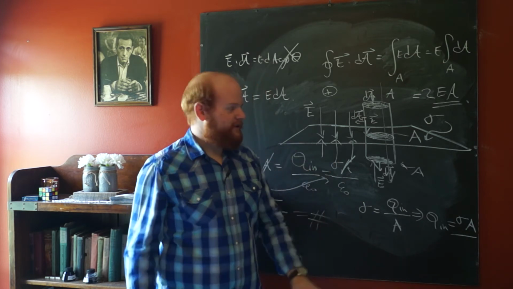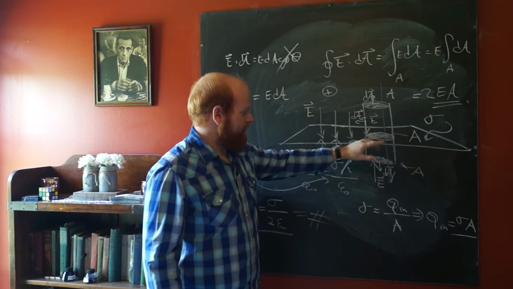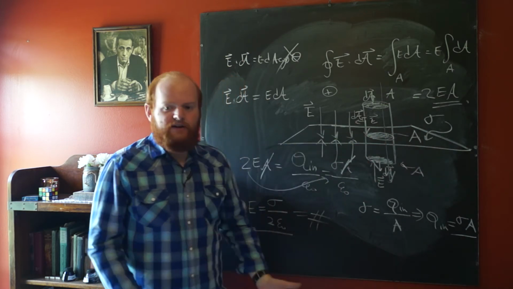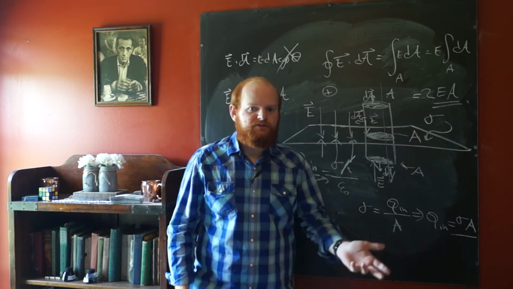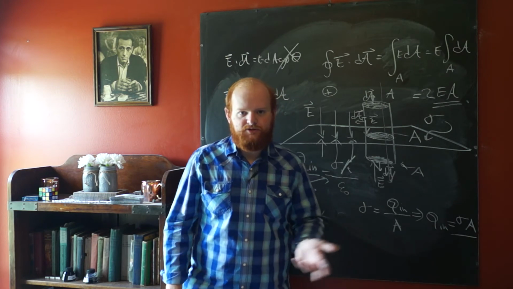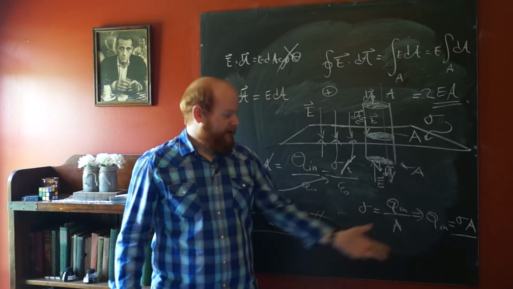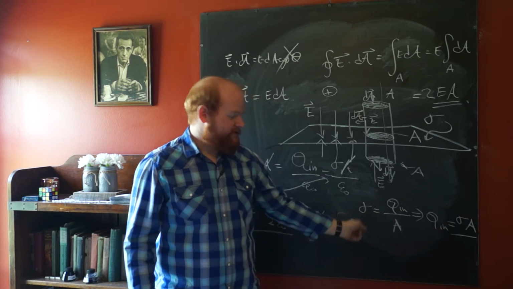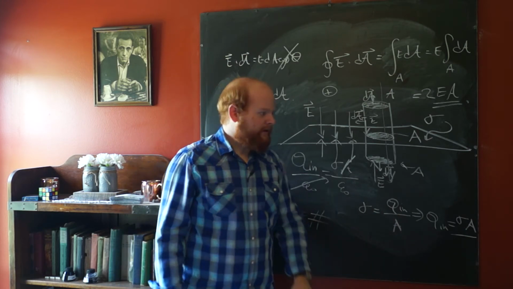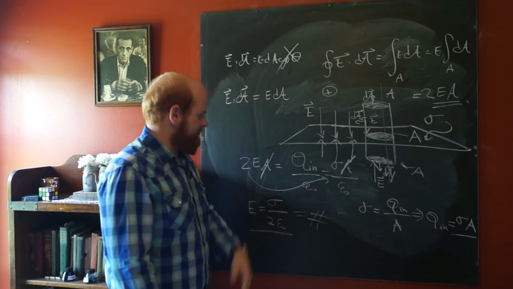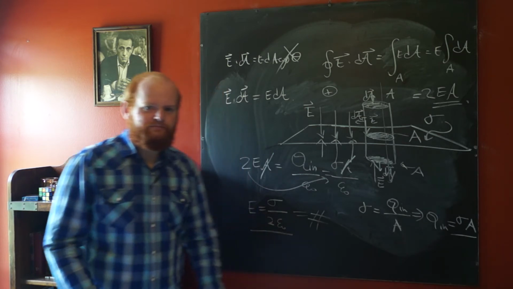So most of the work is taken care of in our choice of Gaussian surface. And then at that point you can equate that to Q inside over epsilon naught. If you have a distribution instead of a total charge given, then you can go ahead and write out whatever the charge distribution expression is and solve for that to get Q inside. And then do a little bit of algebra to get your expression for the electric field.